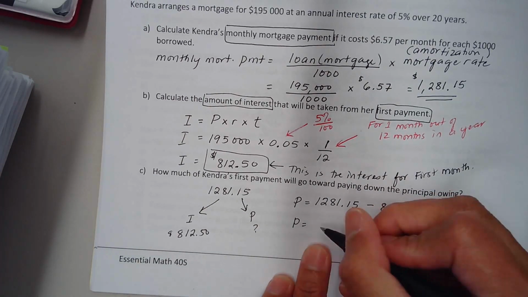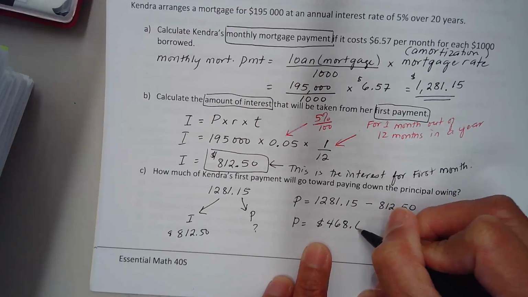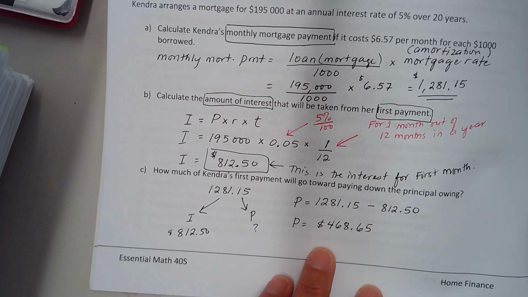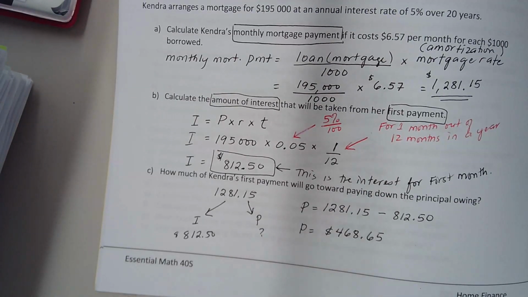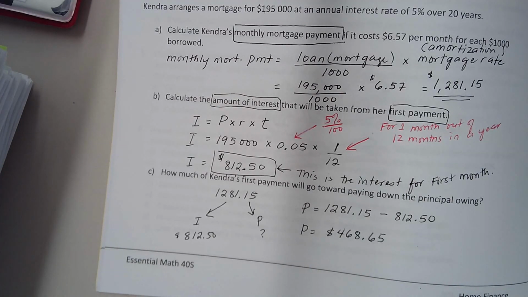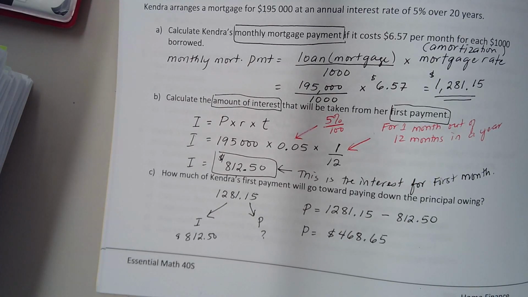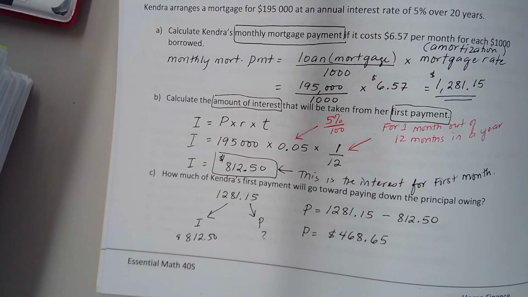Okay, I got $468.65. Is everybody okay with that? For me, on that first payment, the big chunk of the money went to the bank. The bank earned that $812, and then the principal just went down by $468.65. Big chunk.